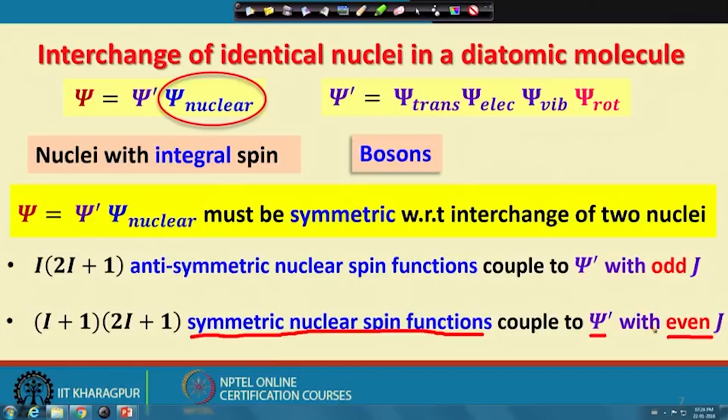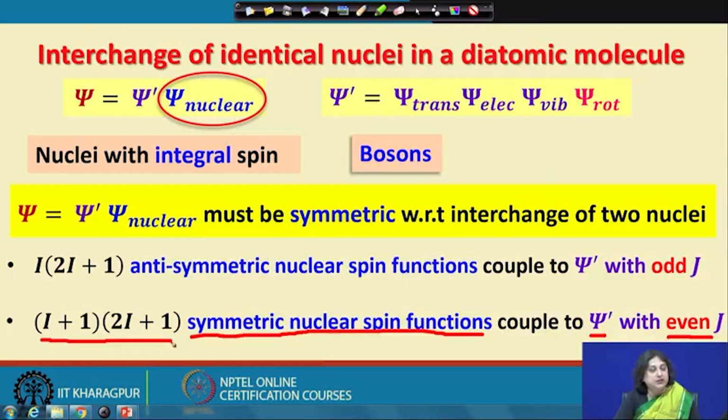And therefore, for a given nucleus with an integral nuclear spin I, there are I plus 1 into 2I plus 1 symmetric nuclear spin functions, and they are going to couple with those psi prime wave functions that are associated with even values of the rotational quantum number j.